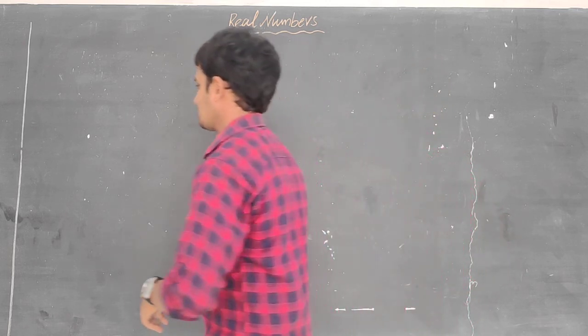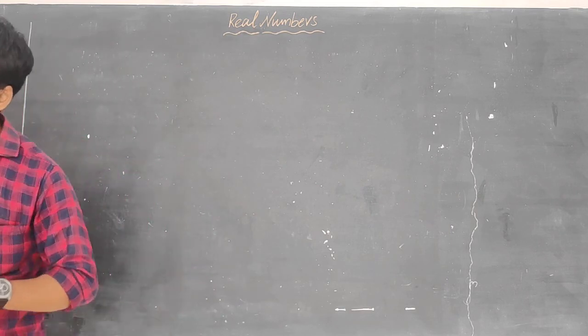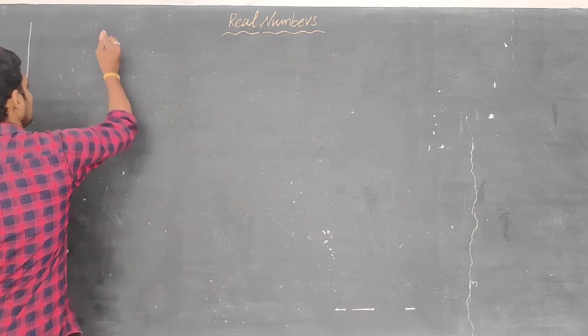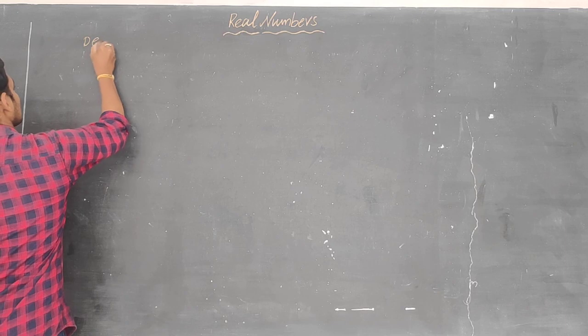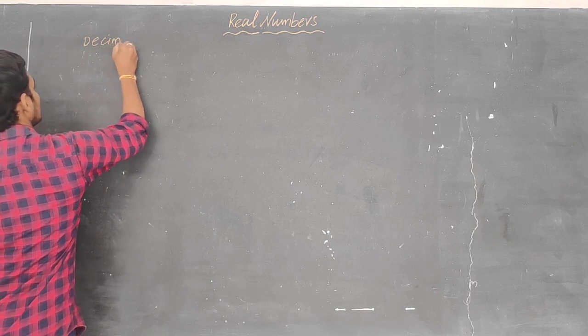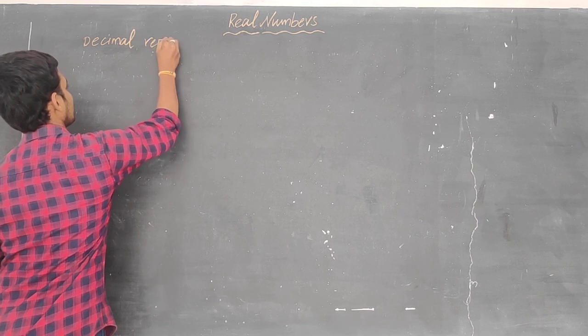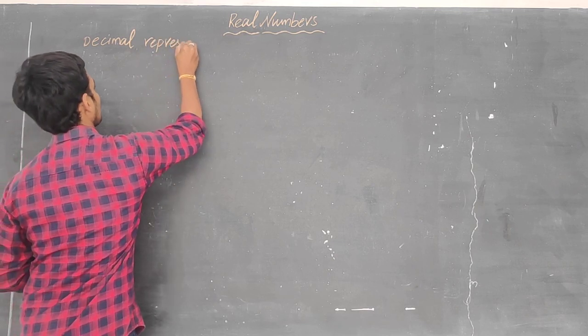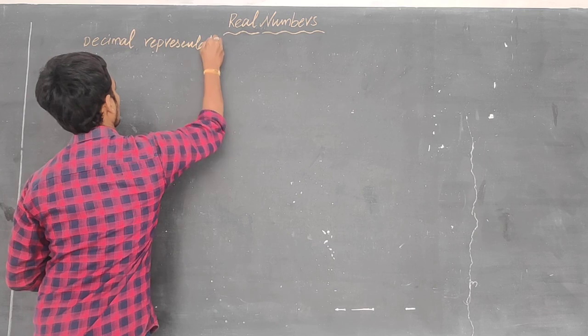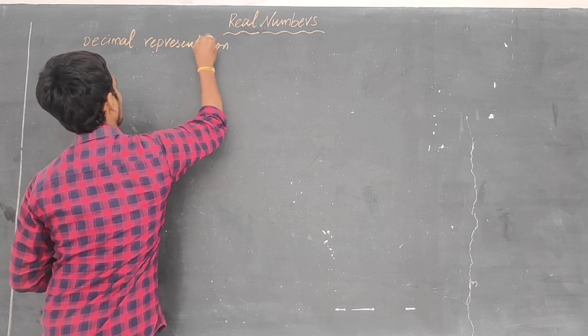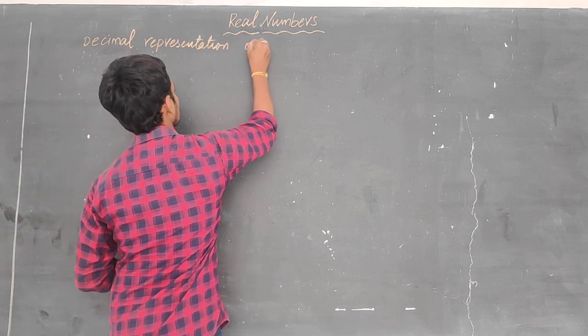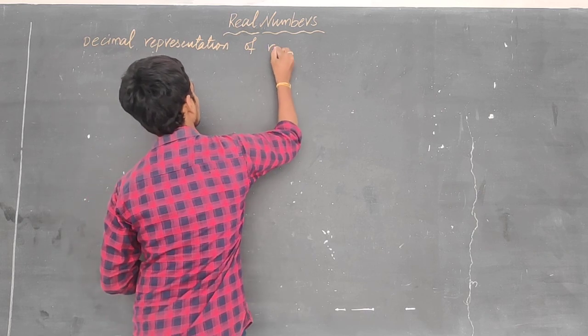Okay? Now we are discussing decimal representation of rational numbers.